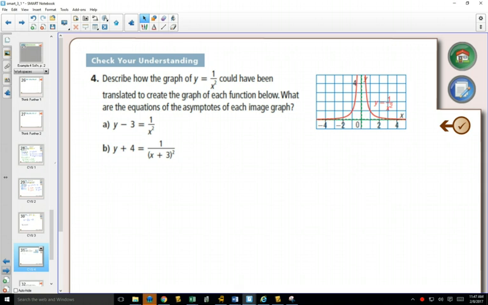Now this unit applies itself really well to using words only for these describe questions, because here we have our parent graph. It's a 1 over x squared graph. And so we're going to be looking for that in our equation. I've got these numbers on the side here.